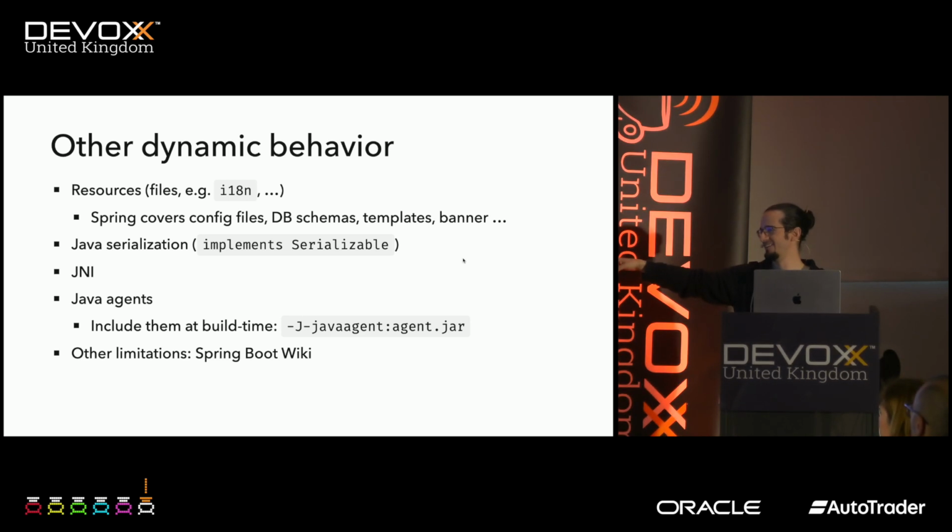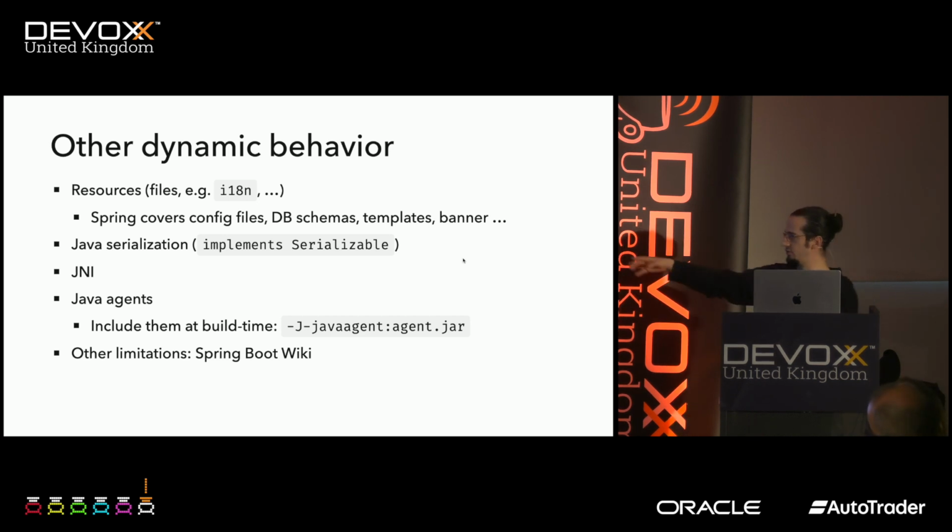And then Java agents. When you want observability, you have your Datadog agent or whatever, you usually add that at runtime. So you run your boot jar and pass in a dash agent. That's adding code at runtime, which doesn't work with a pre-compiled binary. GraalVM supports that if you pass the agent at build time.